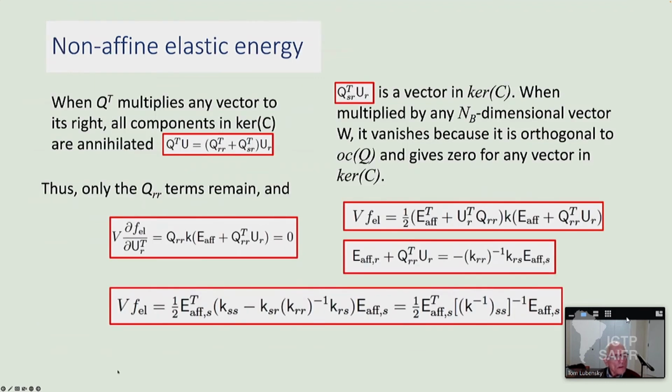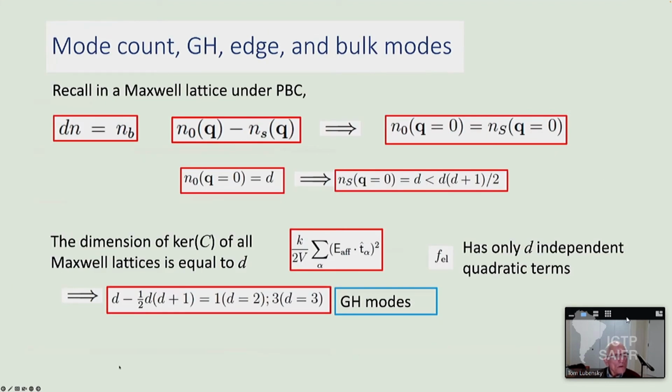Guest-Hutchinson mode. So this is what we were saying before, that the N0 of Q is equal to NS of Q. N0 of Q is equal to D. That's the number of zero modes, and that's equal to 2.